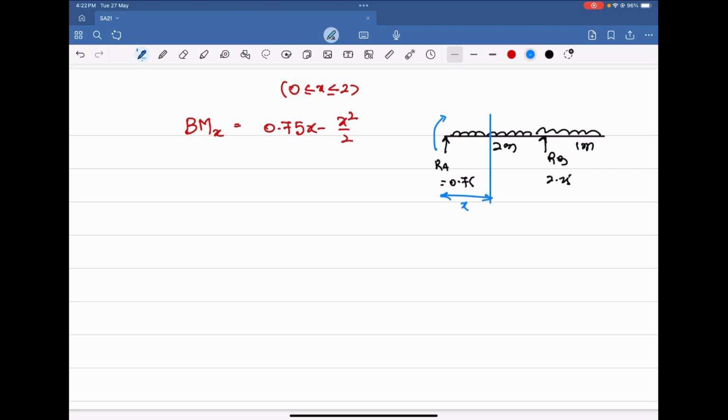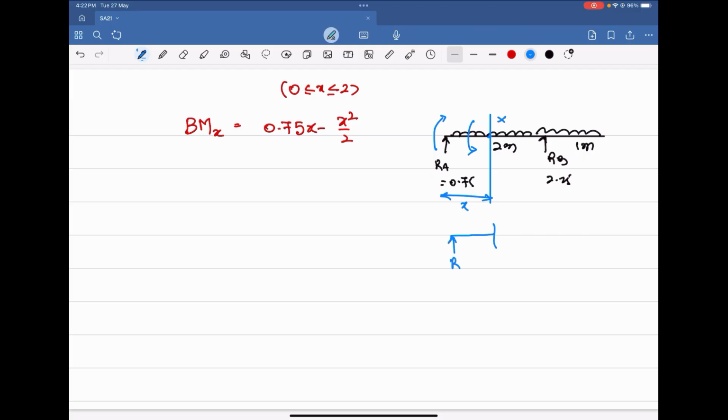Due to UDL, the moment is like this. This is the point x. Please visualize it. When RA is considered, UDL you don't consider.